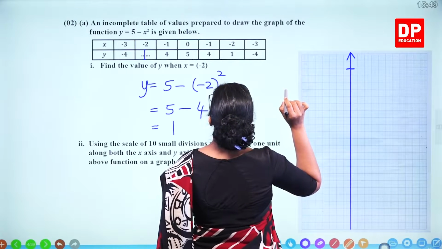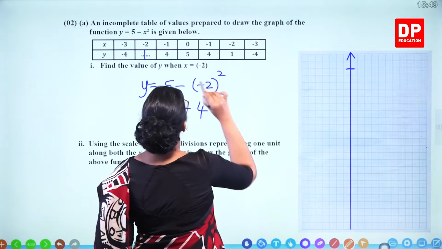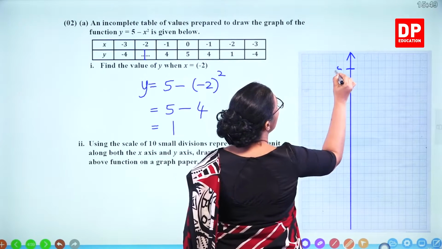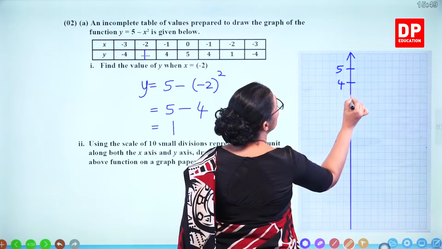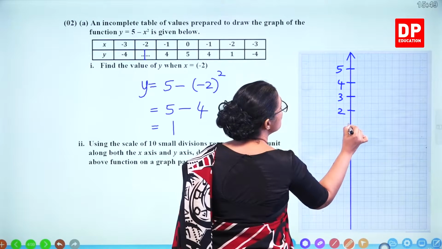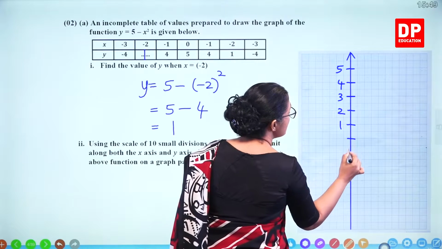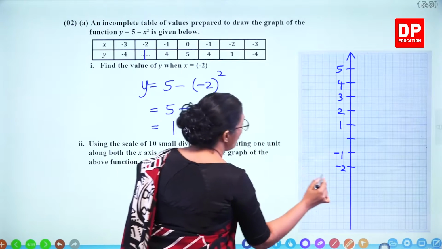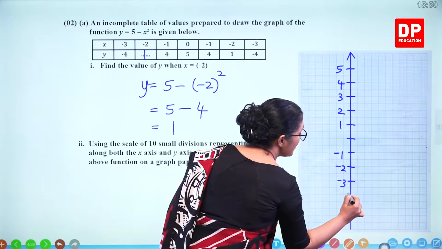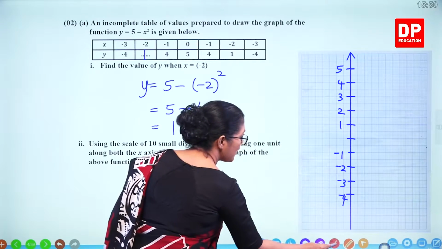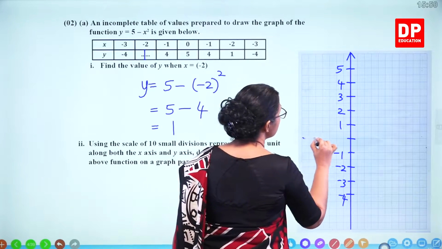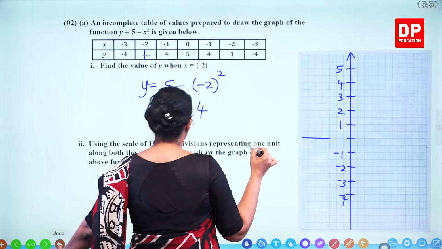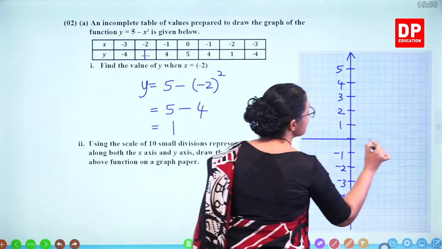Maximum is 5: 5, 4, 3, 2, 1, 0, minus 1, minus 2, minus 3, minus 4, up to minus 4. Then you can draw the x-axis here.